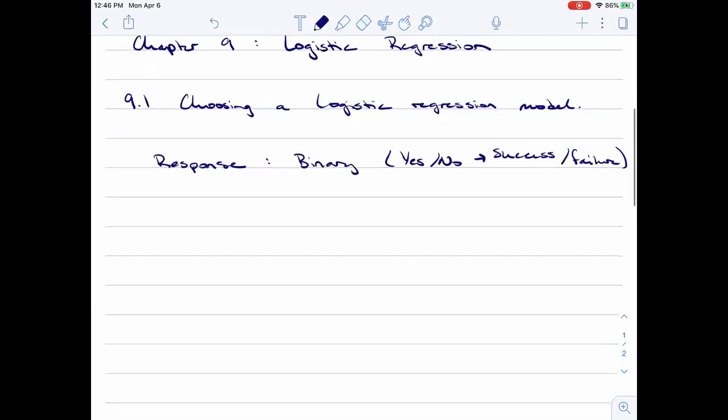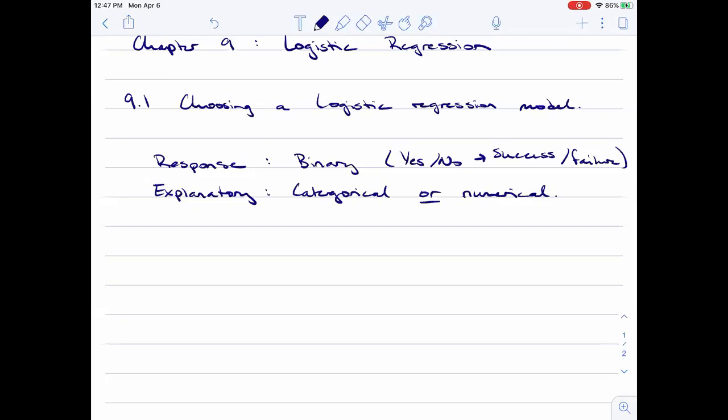Our explanatory variable, and we're just going to deal with one explanatory variable in this section. You can keep reading the rest of the sections. Chapter 10 talks about multiple explanatory variables. We're not going to go there. We're just touching the surface here, and then we're getting out. The explanatory variable can be either categorical or numerical, so we'll be able to deal with both.